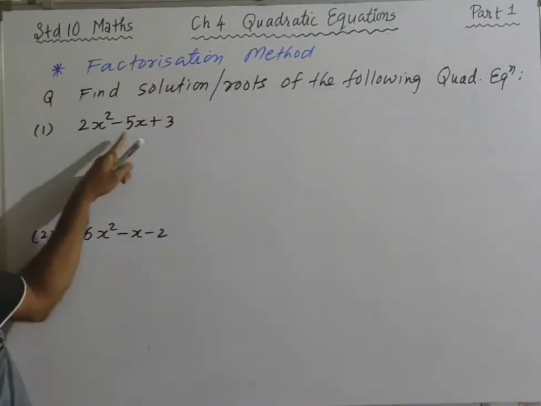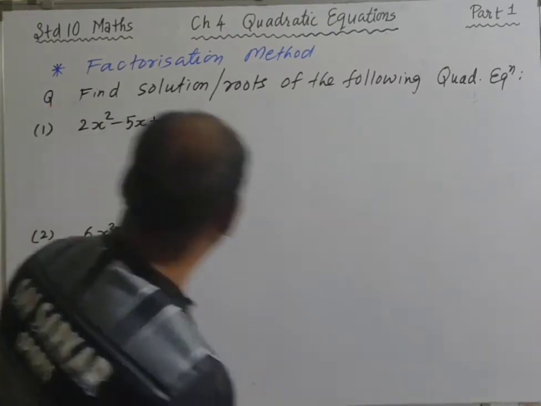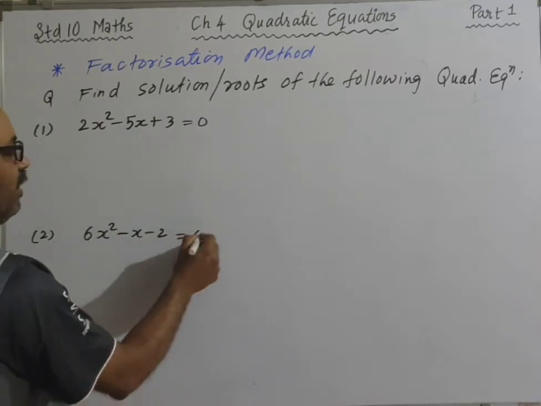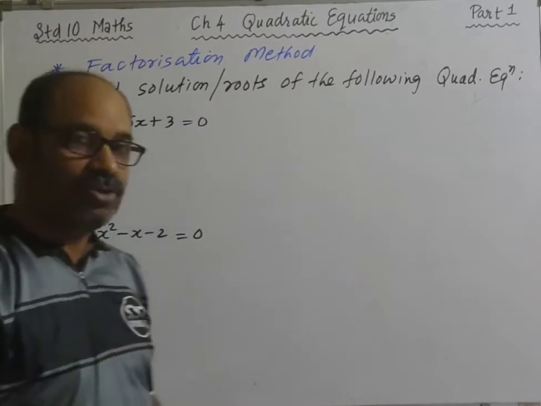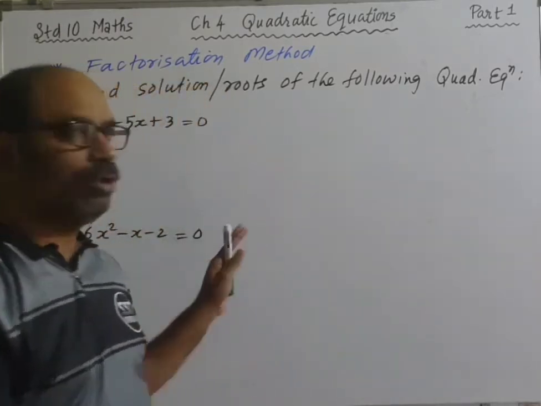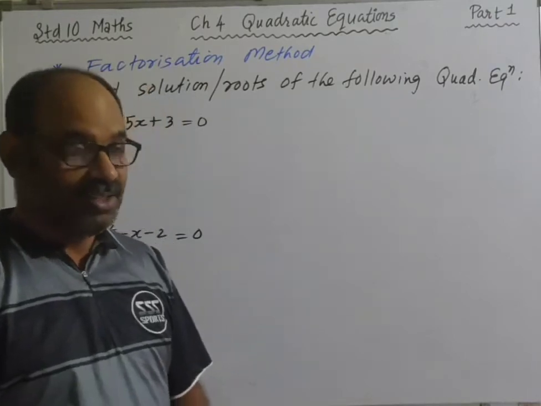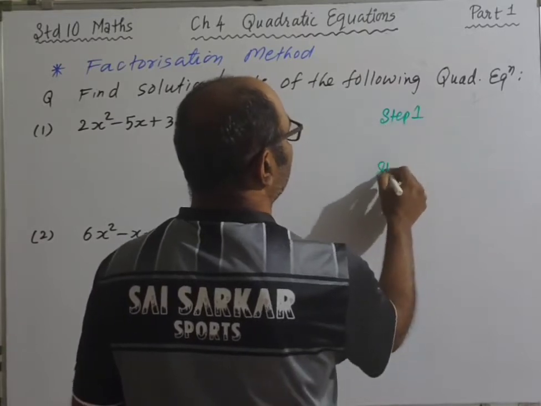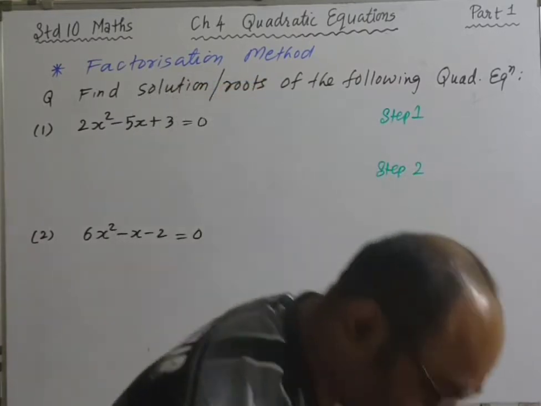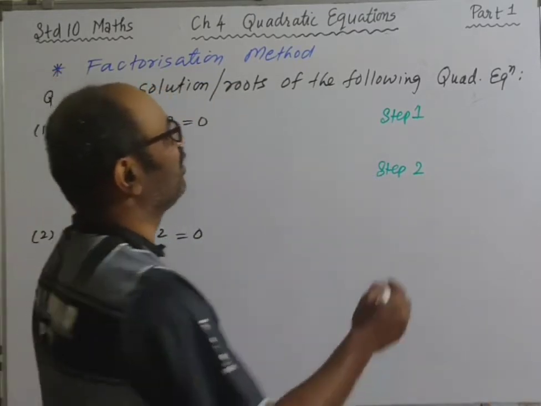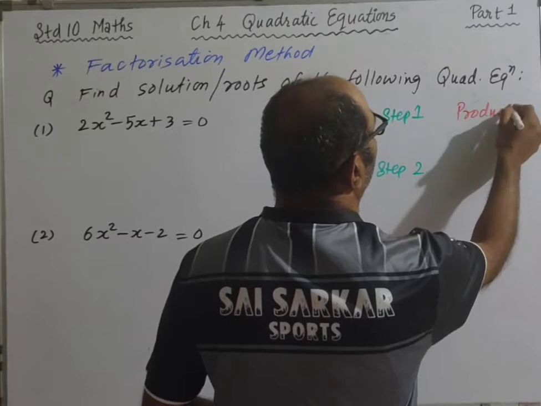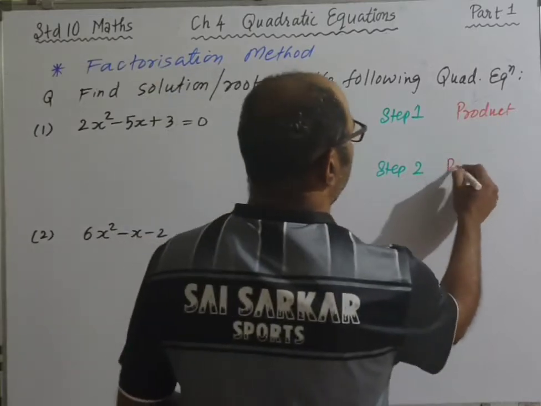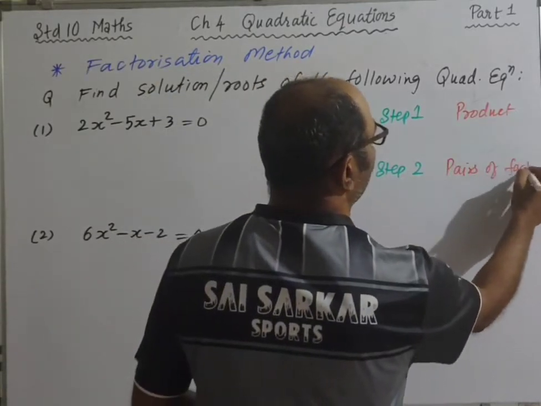The first one, 2x square minus 5x plus 3 equal to 0. Second, 6x square minus x minus 2 equal to 0. It is an equation, so equal to 0, that is the standard form. Alright, children, you know that in factorization we do step 1 and step 2. What is step 1? Finding the product. In step 1 we find the product, right? And in step 2, pairs of factors.